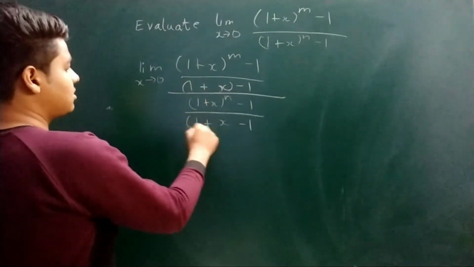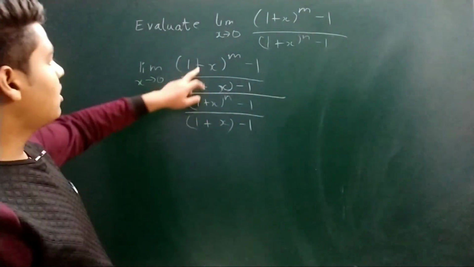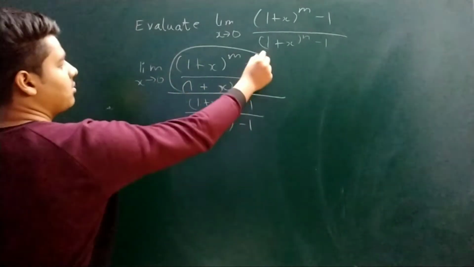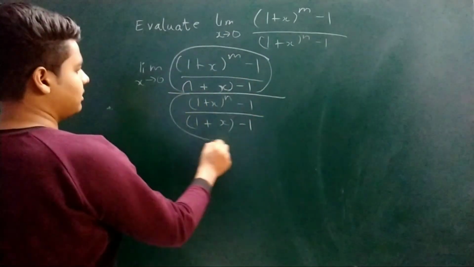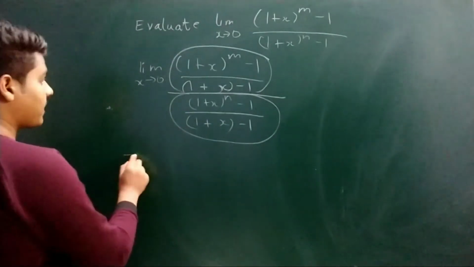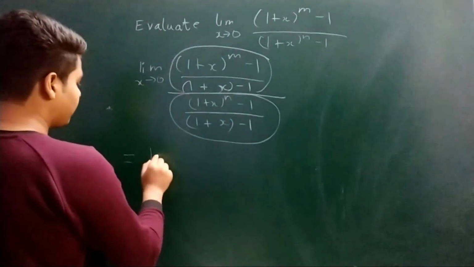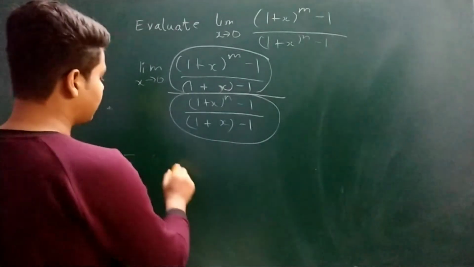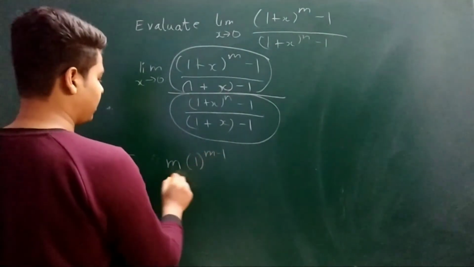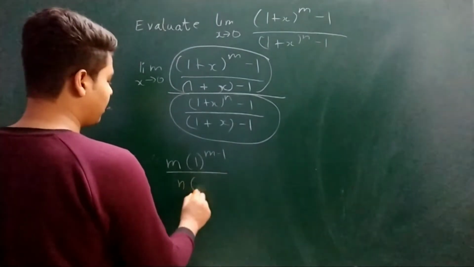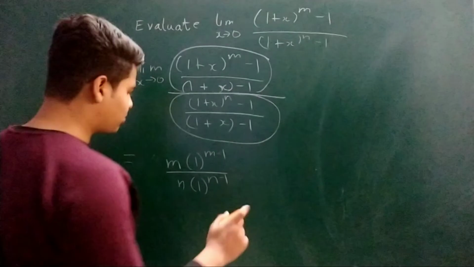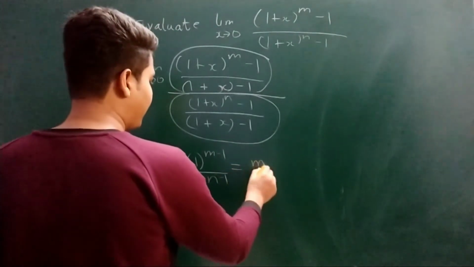And then I take these in brackets. Here, these can be seen as 2 different parts. So this can be written as m 1 to the power m minus 1 upon n 1 to the power n minus 1, and 1 to the power any number is 1, so it will be m by n.